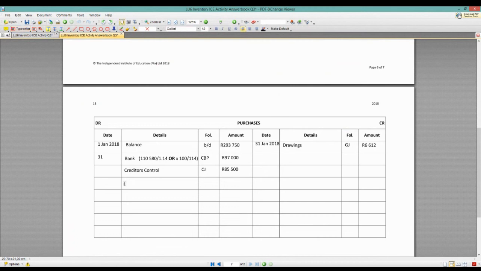We take it to the same account, so drawings account again. Our folio number is the same, general journal. And the amount that we have returned was 612 Rand. So we capture the 612. You would have received the mark again for drawings, general journal and 612.